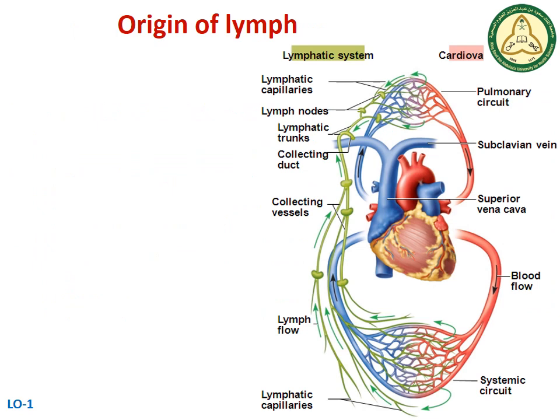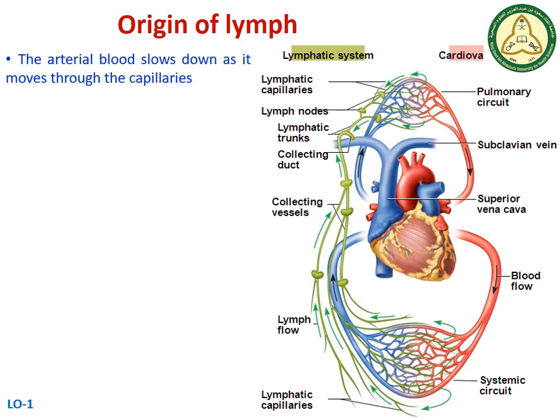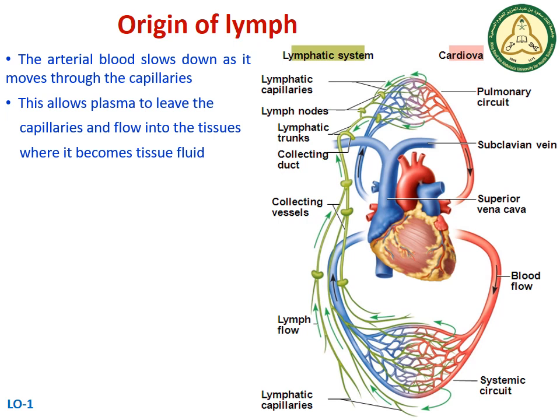Okay, this is the slide discussing the lymph, how it forms and how it works. The arterial blood slows down as it moves to the capillaries for the nutritional exchange. What happens when the blood is flowing at the arterial end and enters into the tissue?